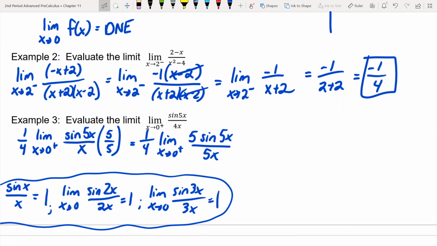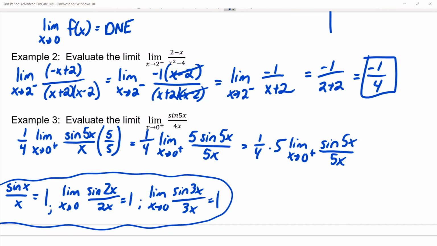And now we'll pull this leading 5 out in front. So 1/4 times 5, the limit as x approaches 0 from the right of the sine of 5x over 5x.